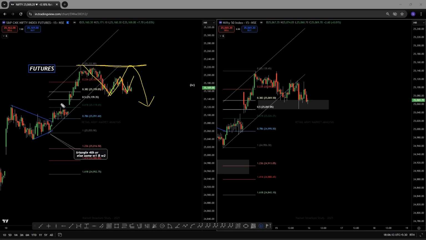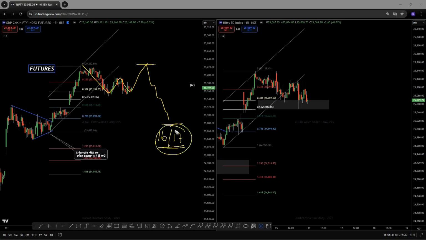This entire pattern has to be completed before your Fed event. If there's a fall in the market, whatever reason it may be, and by the Fed event, which is on the 16th and 17th, if the market completes the fall, then it is most likely we are going for higher levels in the market. Same thing in the spot chart.